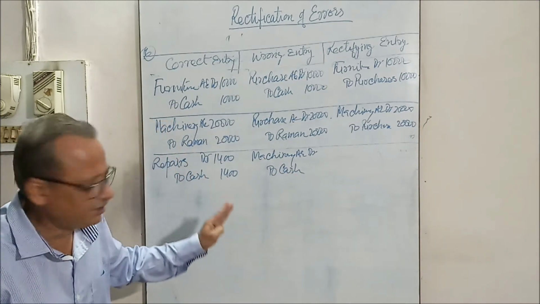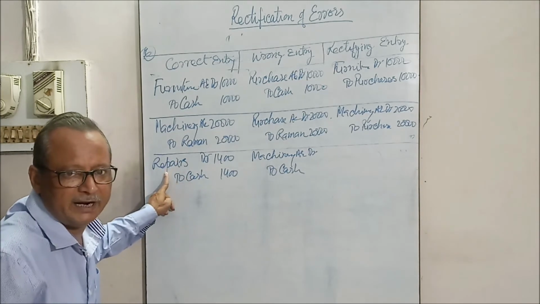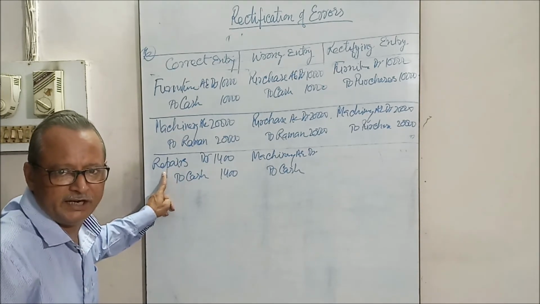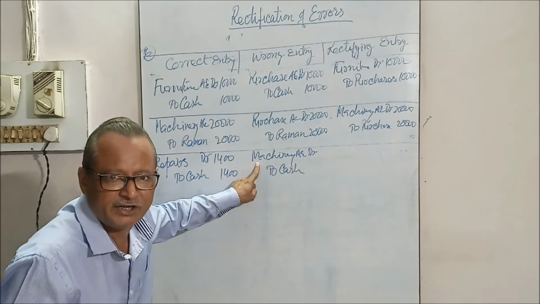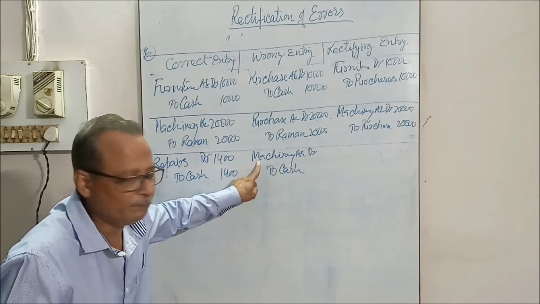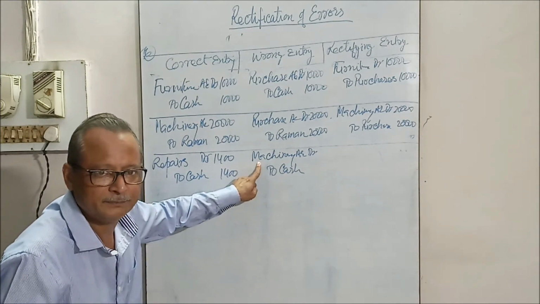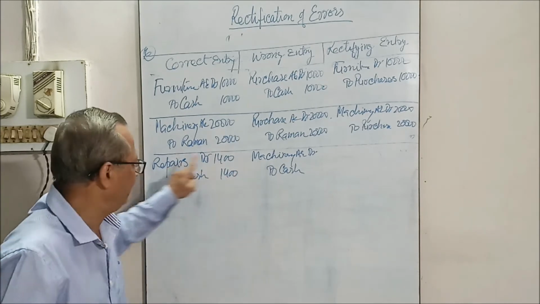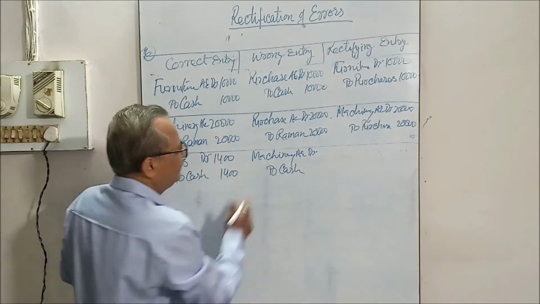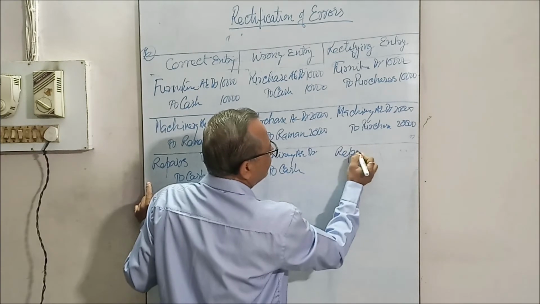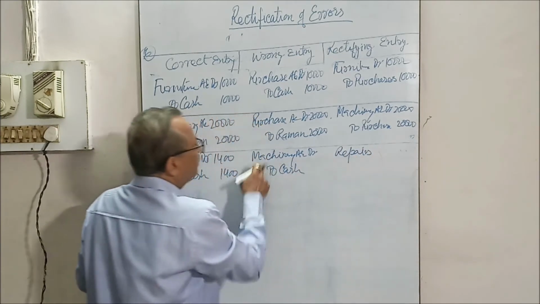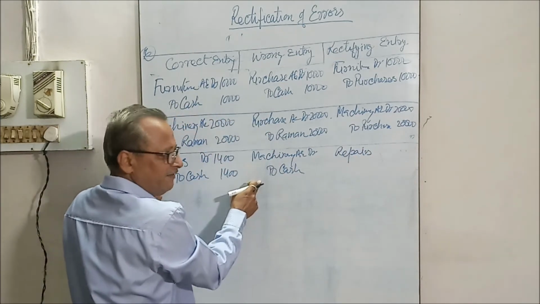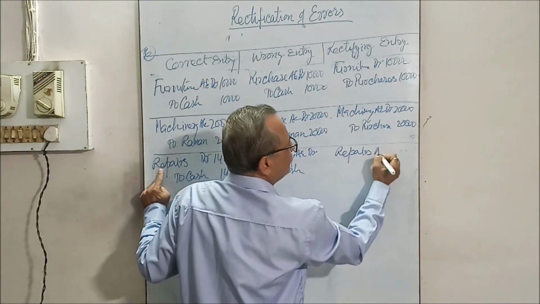It is also an error of principle. Repairs is a nominal item, revenue expenditure. Machinery is capital expenditure, assets. So machinery should not be debited, it should be credited. Repairs should be debited. This was the wrong entry, and in the correct entry, repairs should be debited.